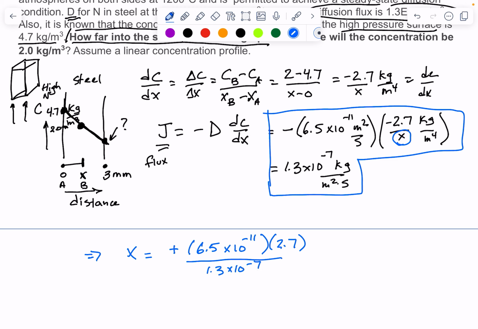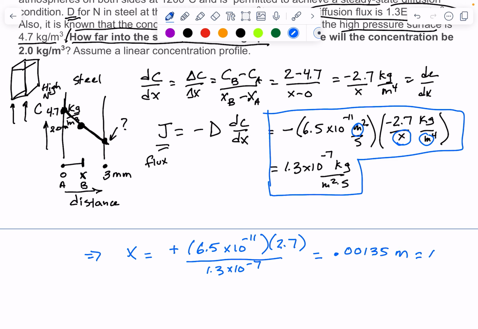And when the units all work out, we kept ourselves in meters, so we're all good. Kilograms cancel out with kilograms. And so we will end up with an X in lengths of meters, and it ends up being 0.00135 meters. So that is our final answer.